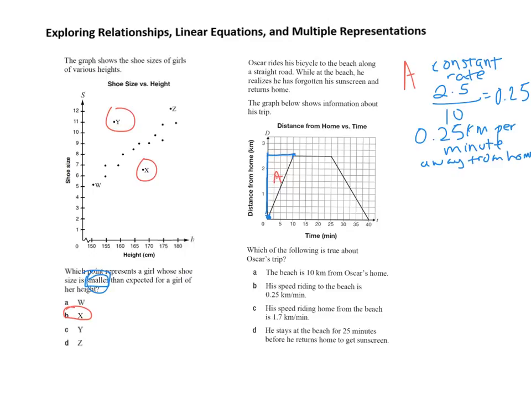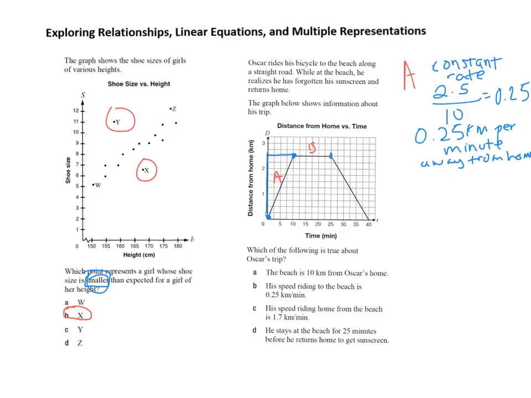Then I could interpret this next line here, B. Remember, the y-axis is measuring the distance from home, and for B, the distance from home hasn't changed from 2.5 to 2.5.